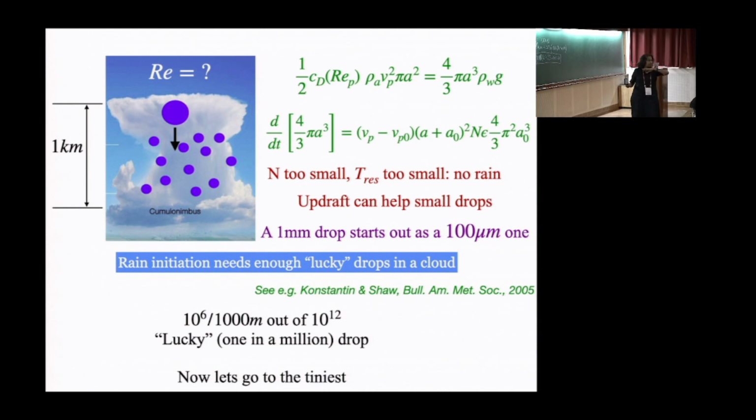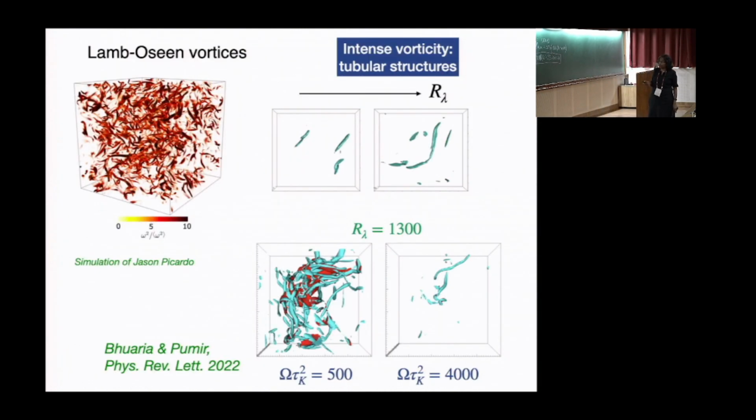So now, in order to talk about whether you can have 1 in a million starting to grow, you have to go to the tiniest drops when everybody was 10 micron, and then you have to see whether it will grow or not. So now, in turbulence, typically the small scale vortices, the very powerful vortices which we're after, are Lamb-Oseen in their cross section, their Gaussian cross section, and they arrange themselves in tubular structures.